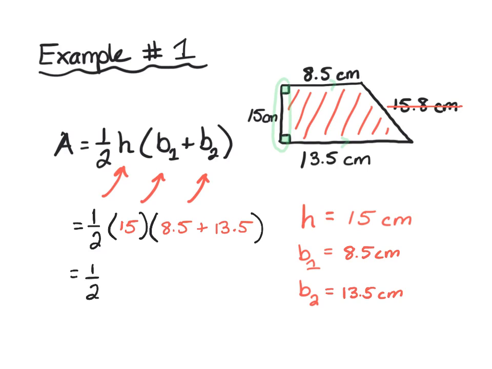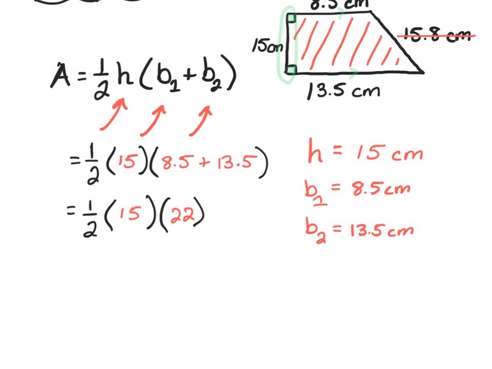So 1/2 times 15. And I'm going to add 8.5 and 13.5. If you add the halves, you get 1. And if you add that to 13, you get 14. And if you add on the 8, you get 22. So you want to break these down in pieces. Okay?